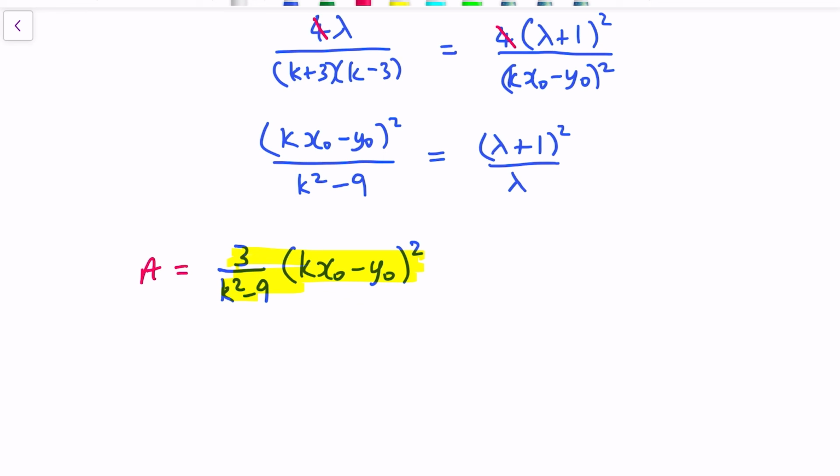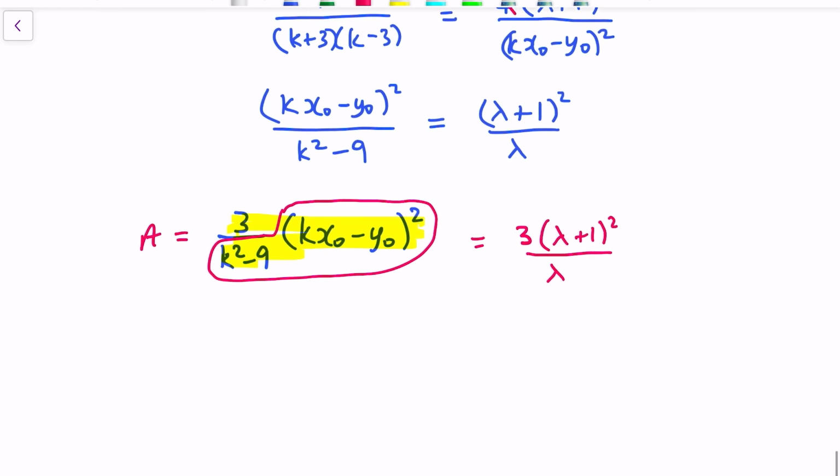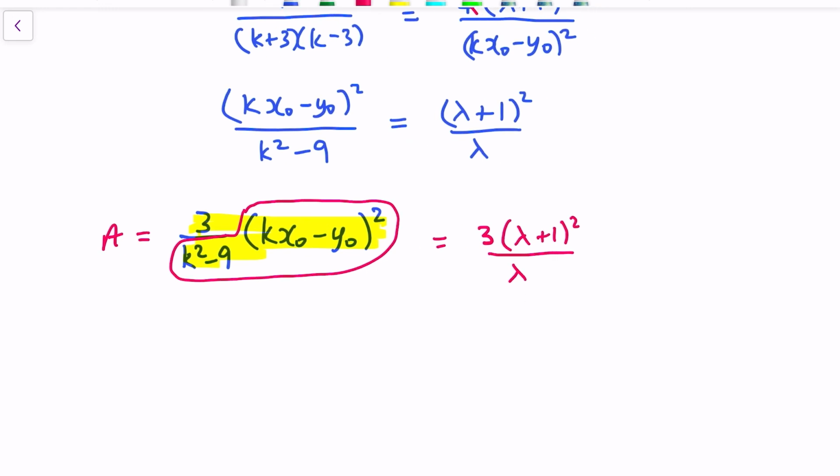Well, that's quite promising because that whole term is sitting right in the line above it. So our area is equal to 3 lots of lambda plus 1 squared over lambda. Oh my goodness, we've got the area in terms of lambda. Yippee yay. Check it. When lambda was 1, we got an area of 12, and that works out to be the case, so we've got the right formula. Well, that convinces us we have.